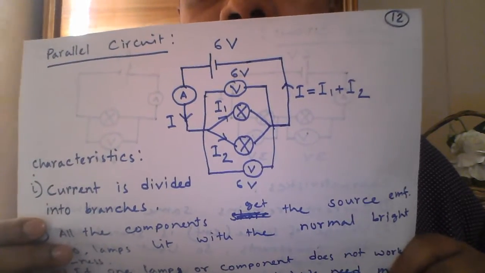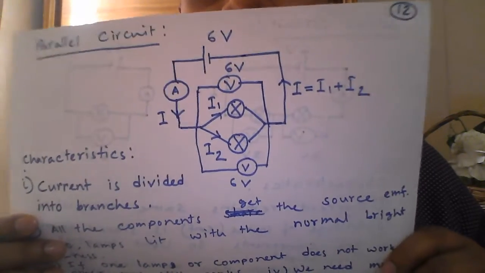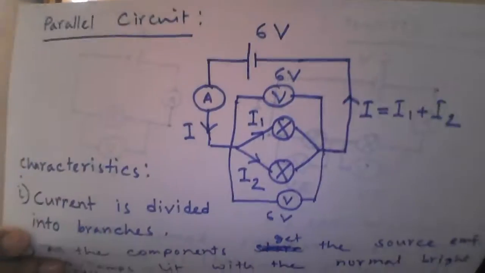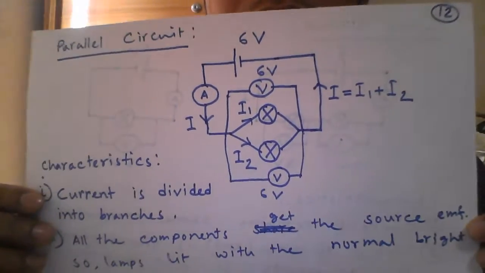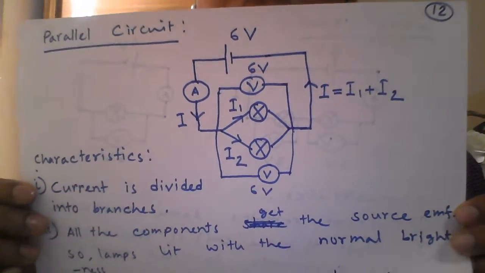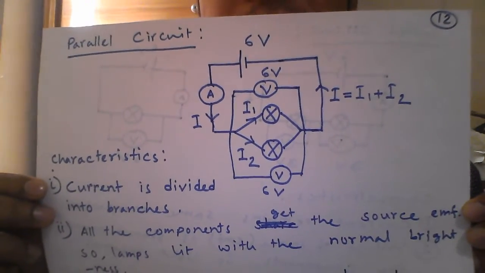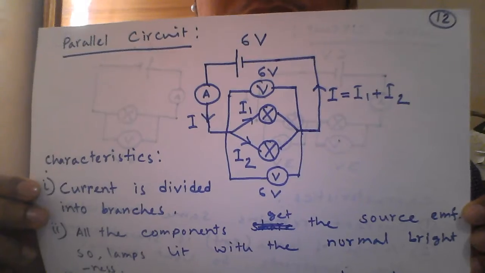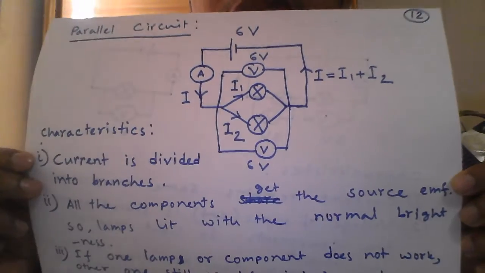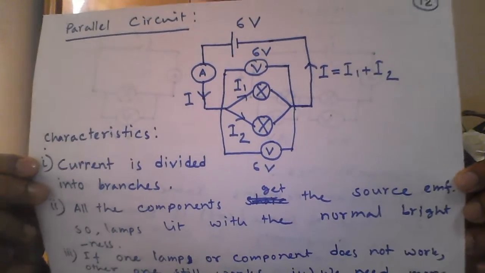If we need one lamp, we can turn on only one. If we need both, we can turn on both of them. In our house we normally have a parallel circuit. We have lots of different appliances, and we do not need all of them to run together. So we need their parallel circuit, so that we can do our work according to our need.